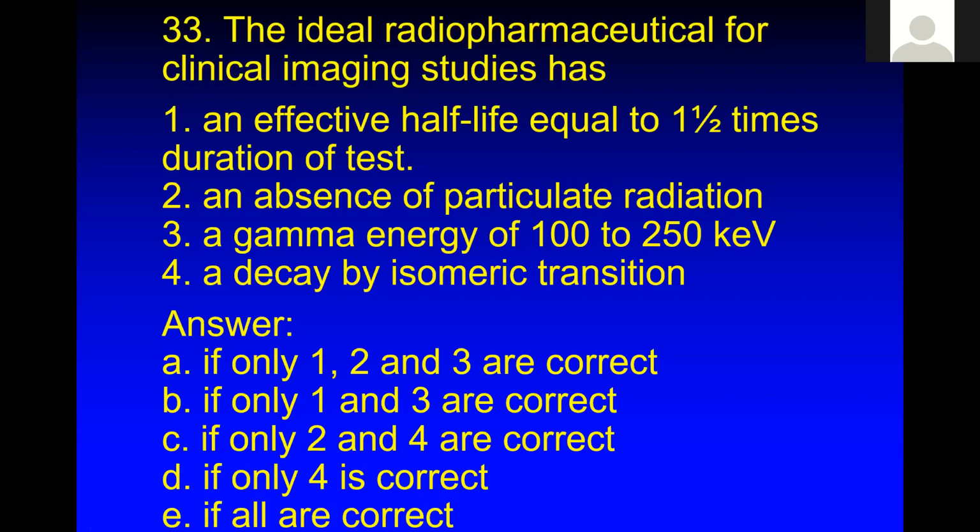We don't want alphas and betas. We want gammas. A gamma energy of 100 to 250, true. And a decay by isomeric transition, true. So E, all of those are correct. Those are the 4 non-intuitive properties of the ideal diagnostic drug.